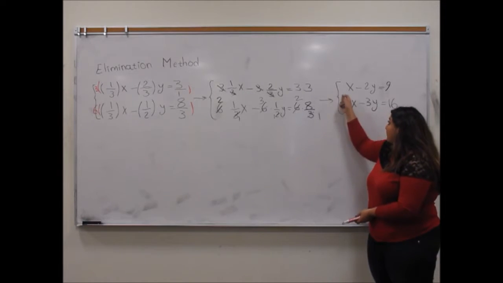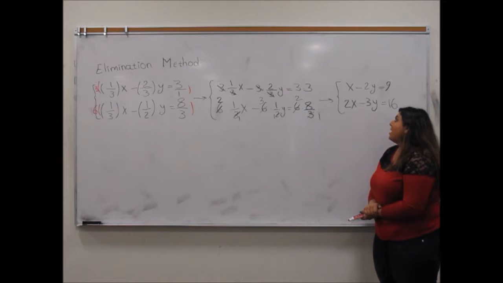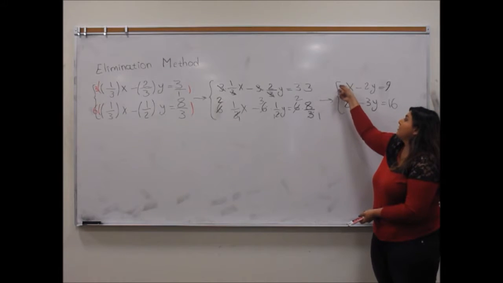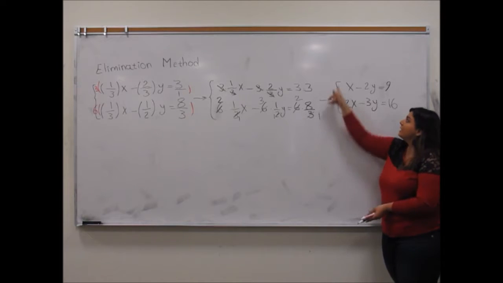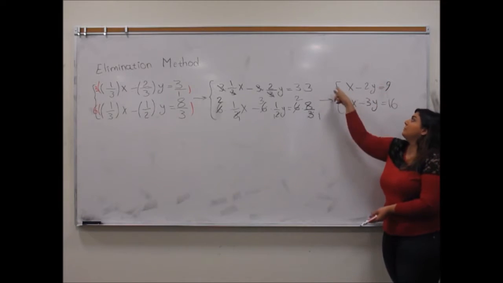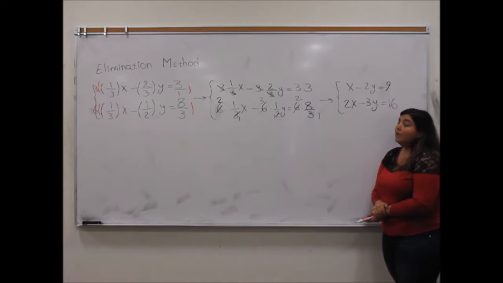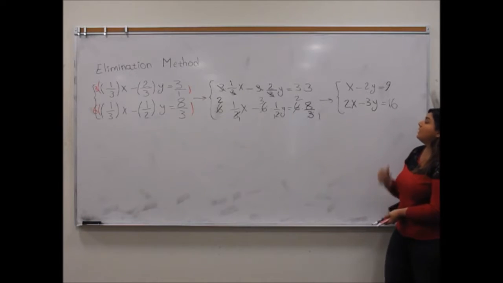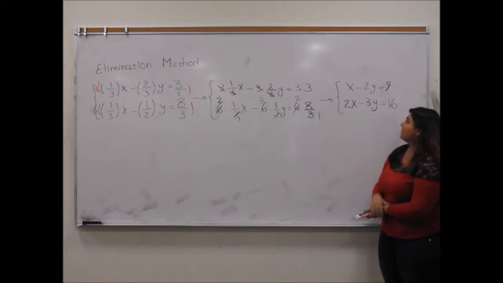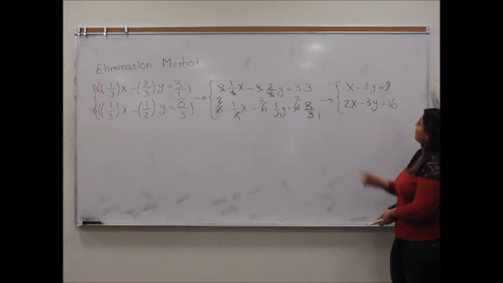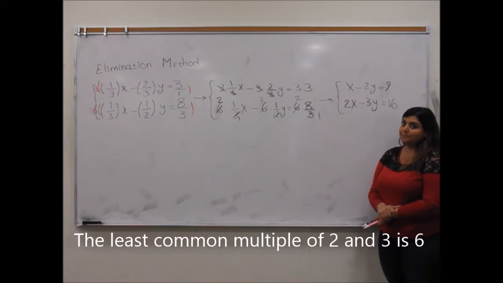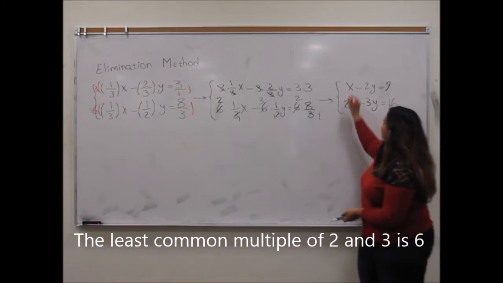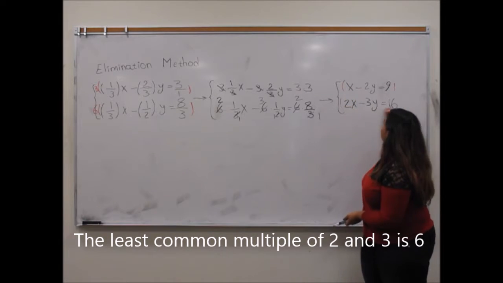If I were to cancel out x's, this is 2x, so if it was negative 2x, it would be canceled out easily, so I could multiply the first equation by a negative 2. But we want to do it the harder way to cancel out the y's just to practice. So I want to make one of them negative 6y and the other one 6y. So I want to multiply both of the equations by a number.